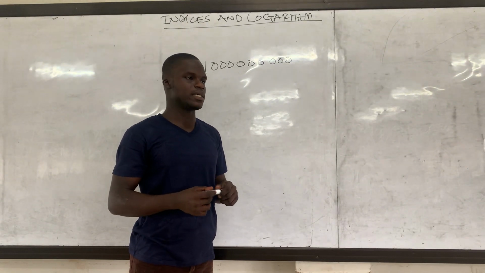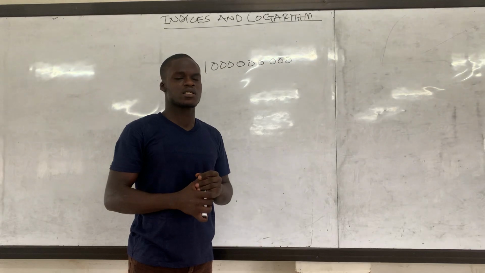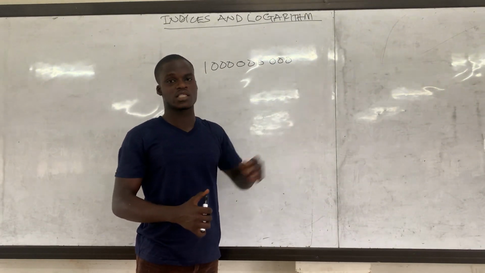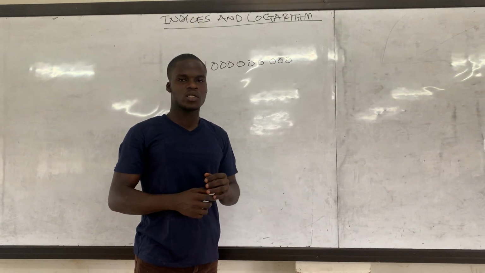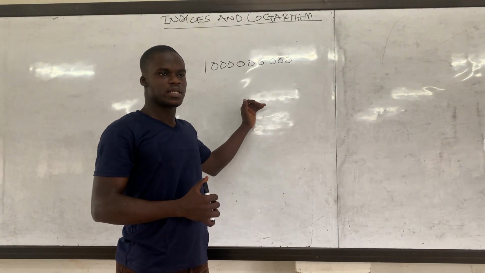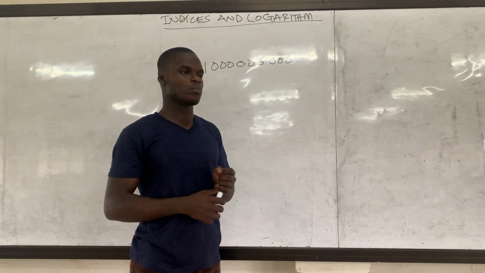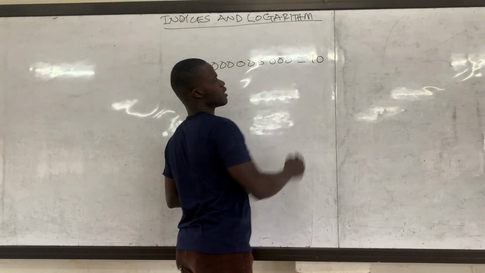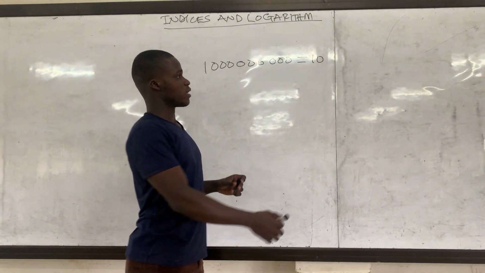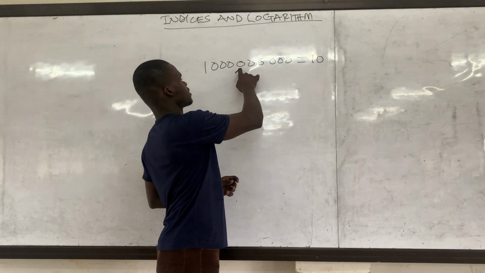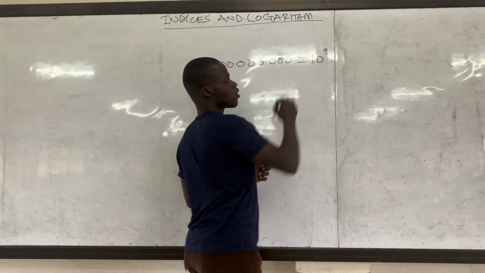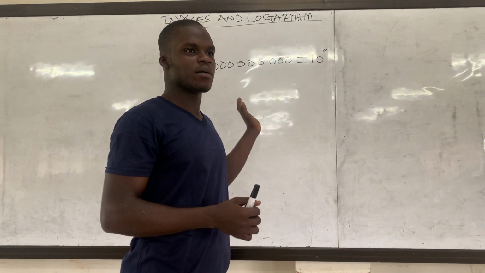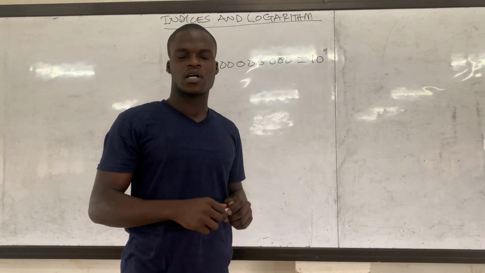The study of indices makes it possible for us to write this in an index and exponent form. 1 billion is equal to 10 exponent, and then you count the number of zeros there: 1, 2, 3, 4, 5, 6, 7, 8, 9. So this is equal to 10 exponent 9. Thanks to indices, we've been able to write a very huge number like this in a very simplified form.